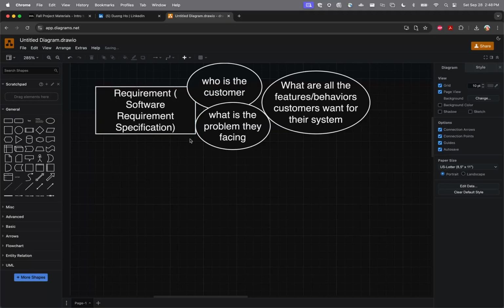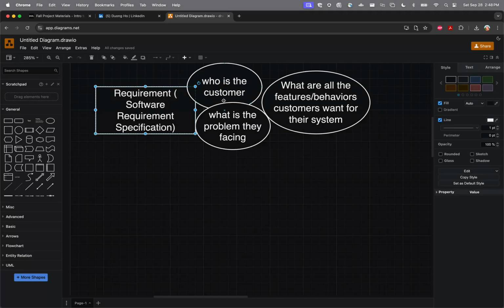The requirement is like a contract between you and the customer. Whatever is not in the requirement, they cannot expect to see in the final system.